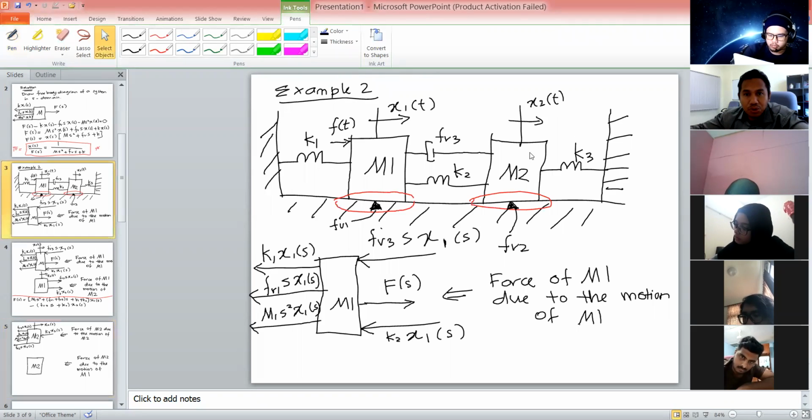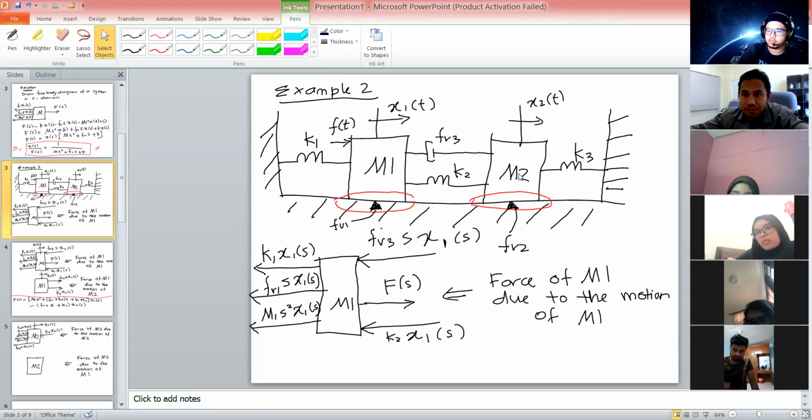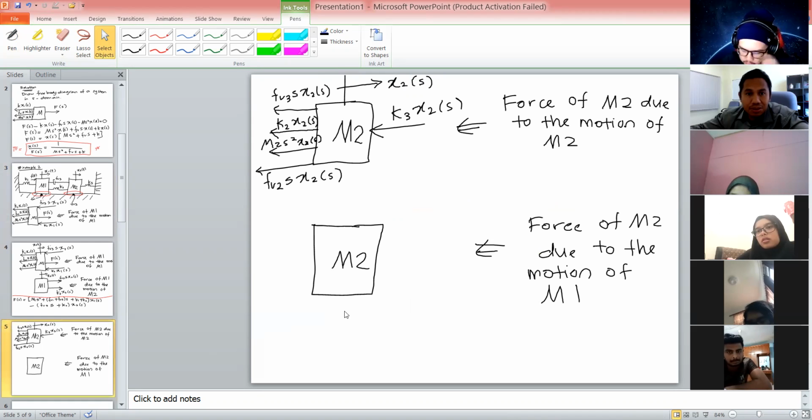At the same principle, we need to find the linkage between M2 and M1. What is the linkage between M2 and M1? FV3 and K2 only, right? So the same principle.